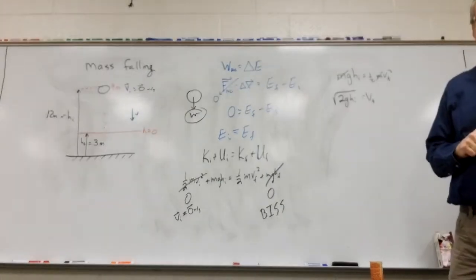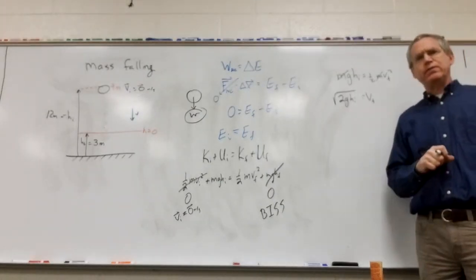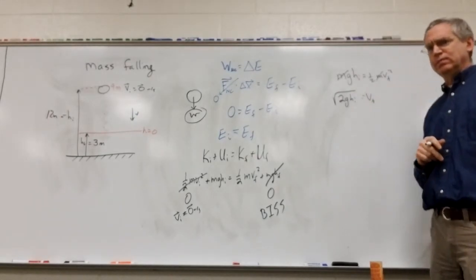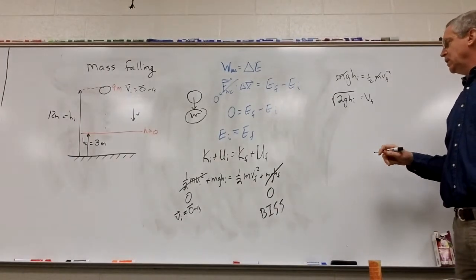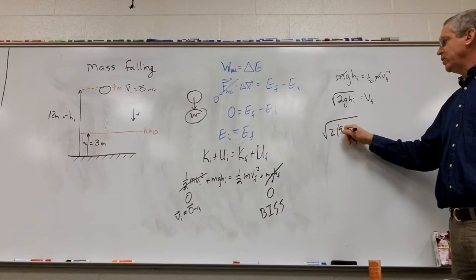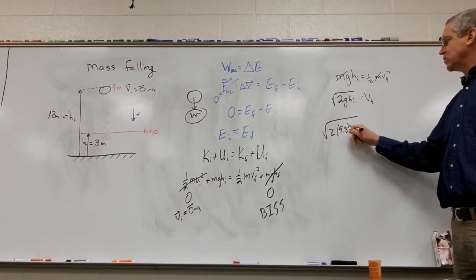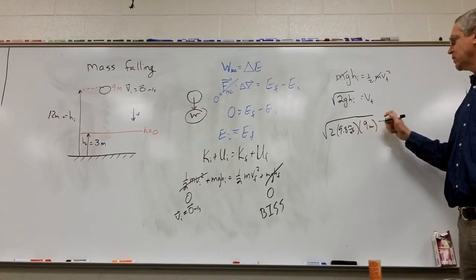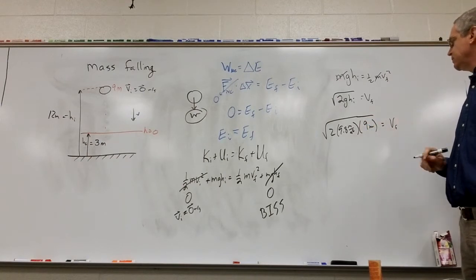And you might want to convince yourself of that. I've seen some very strange math things on tests and stuff like that. So you might want to make sure that you can convince yourself that this is true. And so assuming this takes place on Earth, this becomes 2 times 9.8 meters per second squared times my initial height of 9 meters is equal to v final.